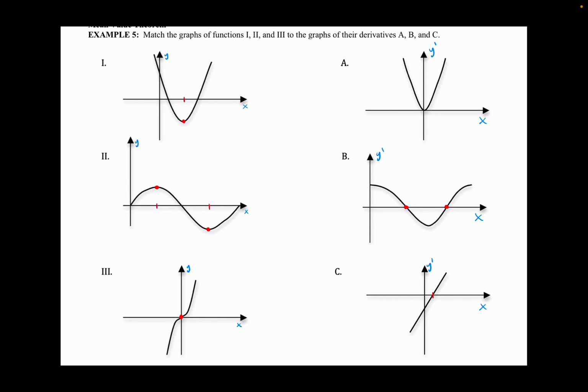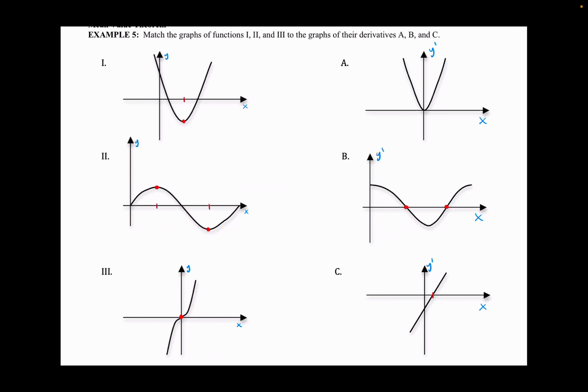The derivative of a quadratic becomes linear, right? There's only one line on here. Number 2 looks like what? Sine. It looks like sine, right? And what's the derivative of sine? Cosine. That's cosine right there.